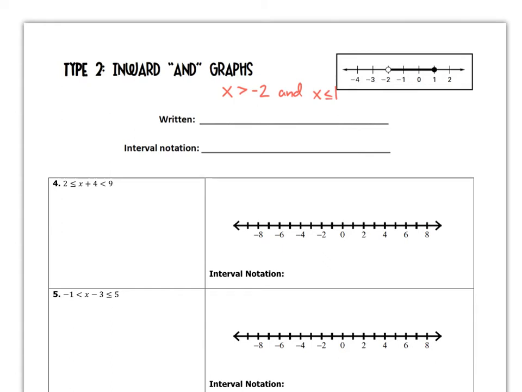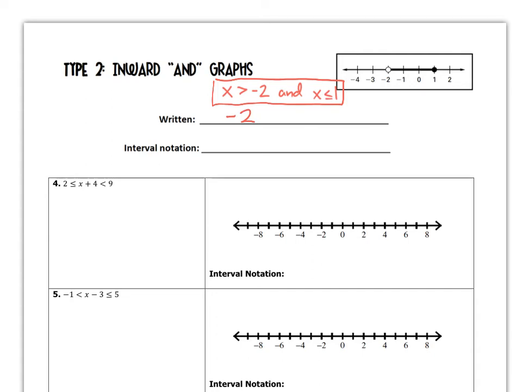A more common way, though, is instead of using that word and in between, saying what two values x is in between and writing one long inequality. So I want you to think about what this inequality means. If x is greater than negative 2 and less than or equal to 1, then x is really between negative 2 and 1.